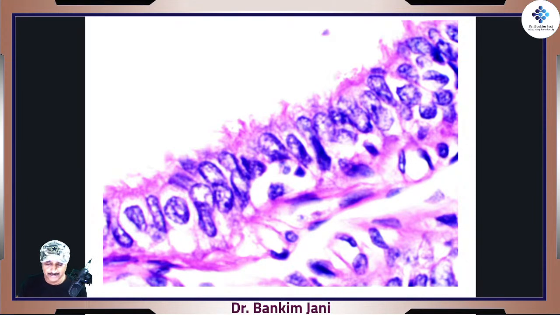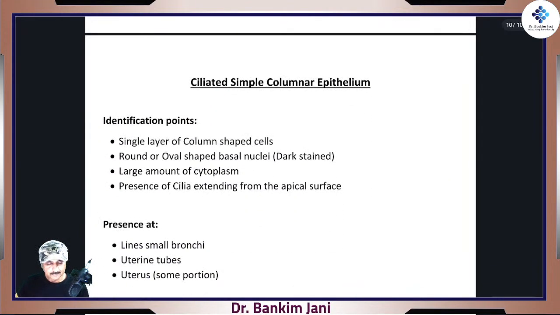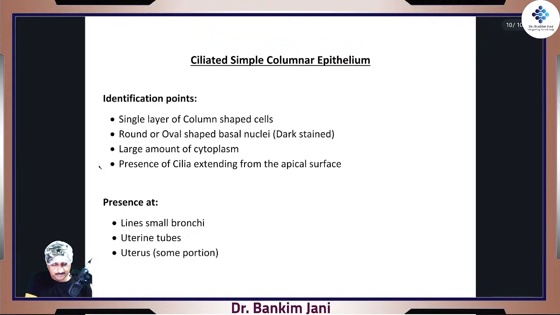We can appreciate that some nuclei are round, some are elongated, but definitely they are columnar with the presence of cilia. So important, because it is this cilia which will really move that ovum all the way to its destination.